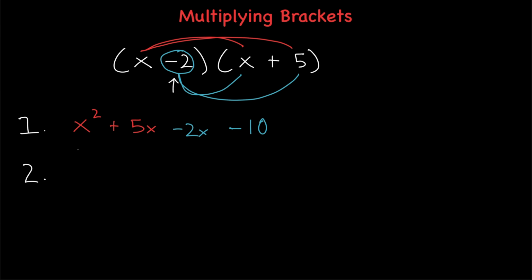There's only one x squared, so that stays as it is. Then we have 5x minus 2x, which is positive 3x, and then minus 10. And that is the expanded form. And all you need to be careful of is just making sure that you're aware of the minus sign and that you keep it attached to this number 2 whenever you do any multiplication.